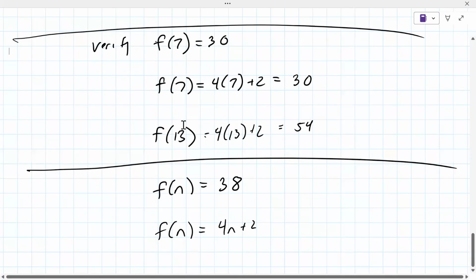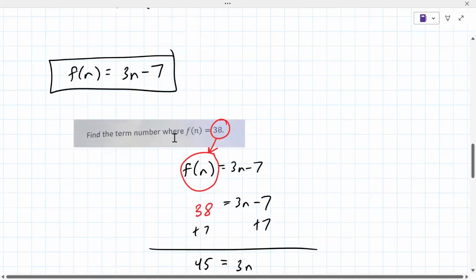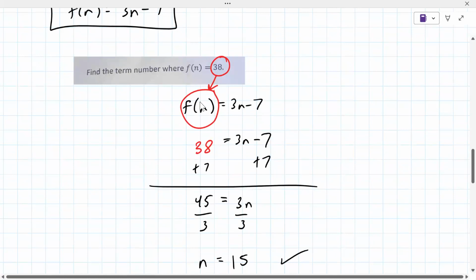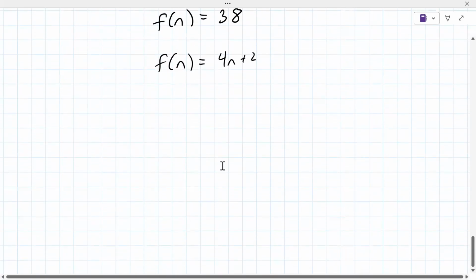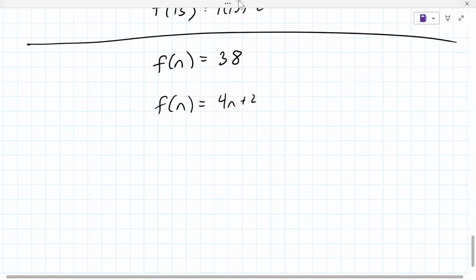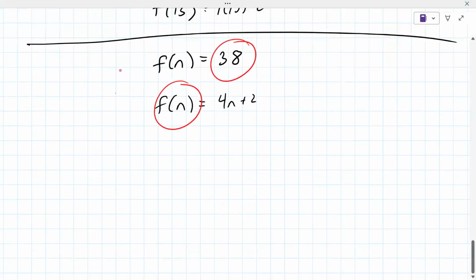There's a number in parentheses. There's no number in parentheses here. This is more like the problem where this goes in for the whole thing. Oh, got it. So this 38 replaces this right here.